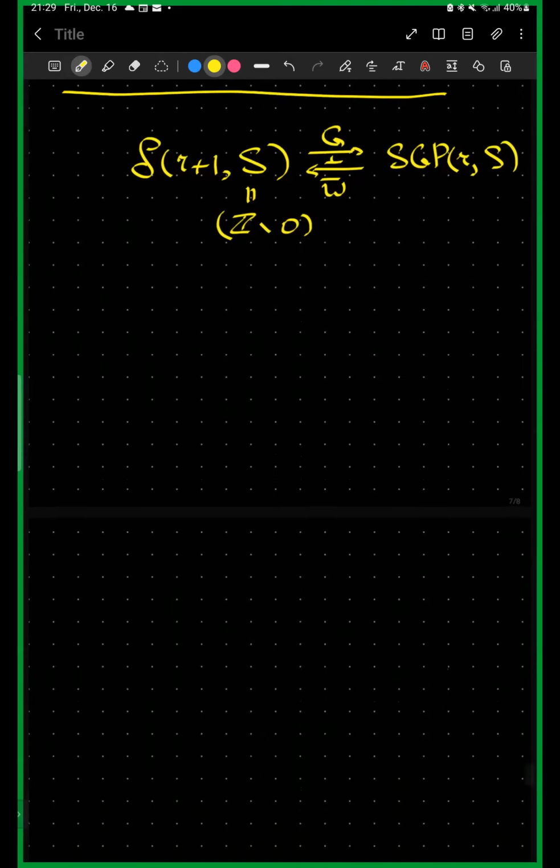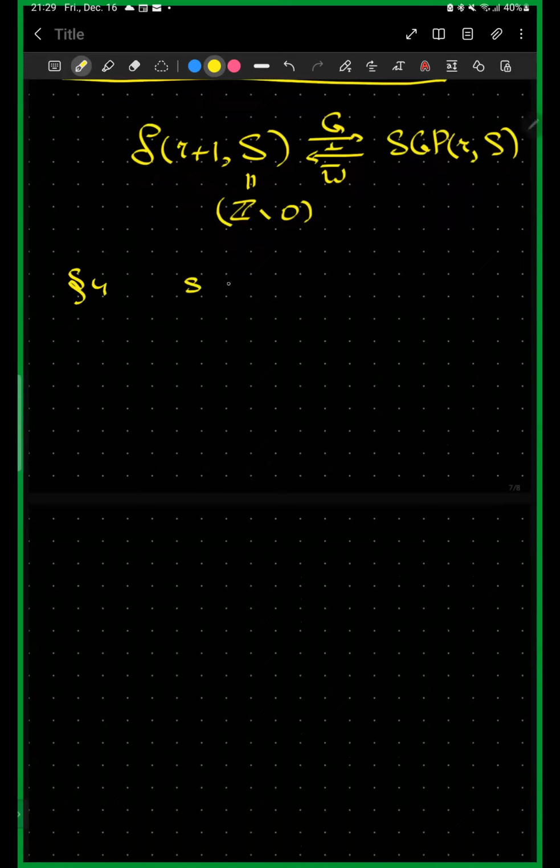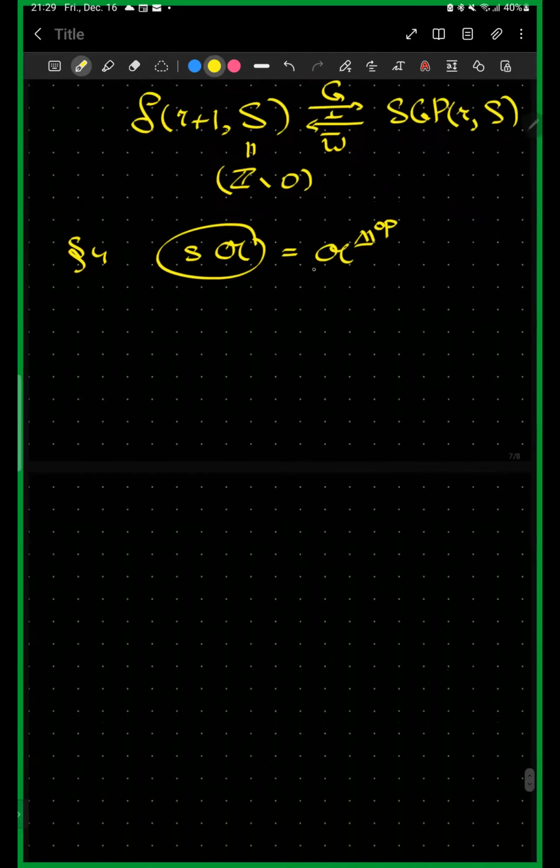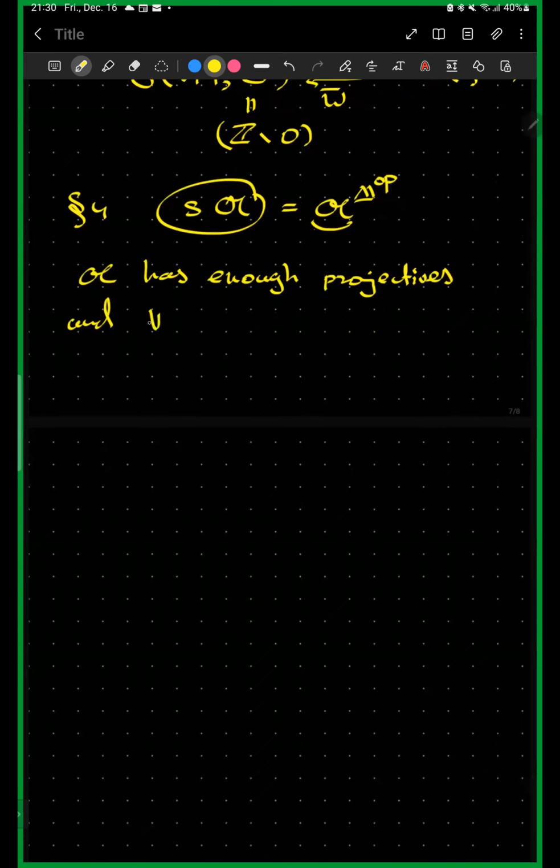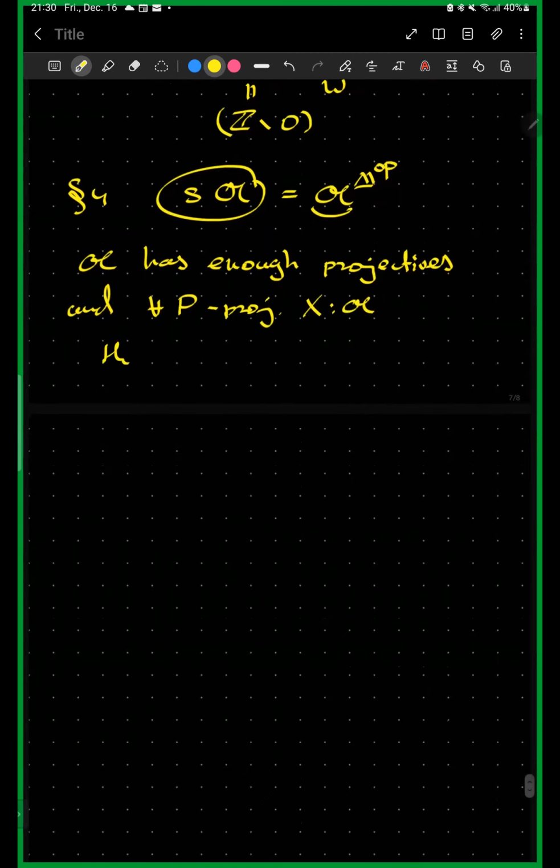So in section 4, Quillen endows the category of simplicial objects in some category A with a model structure, given that A has enough projectives and, for example, that for any projective P and any object X, the simplicial Hom set from P to X is a Kan complex.